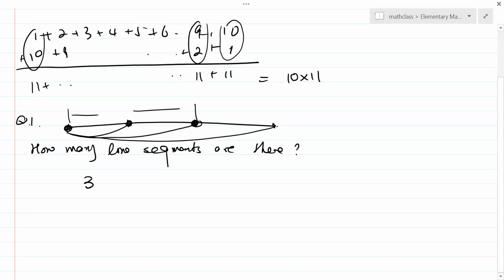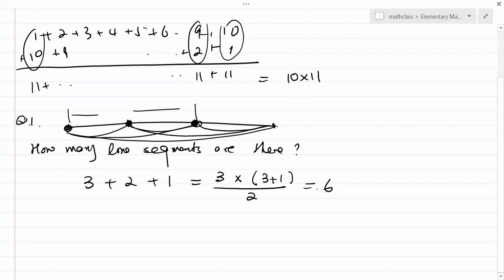Then you start from the second point: 1, 2, plus 2. Then the last one is 3. So you get all the possible line segments. You can add them directly, or you can also use the number of terms times the sum of the last term and the first term, divided by 2. So it's going to be 6.